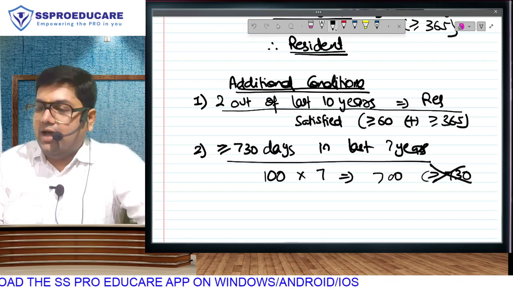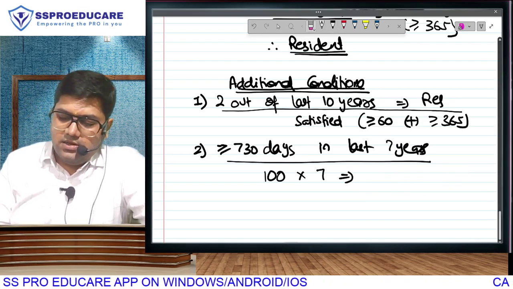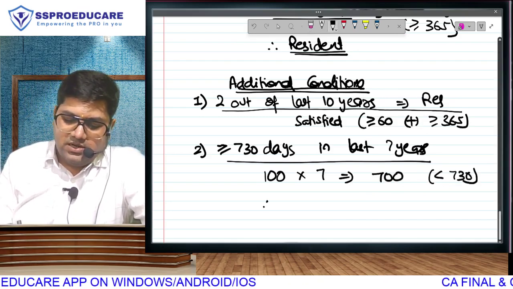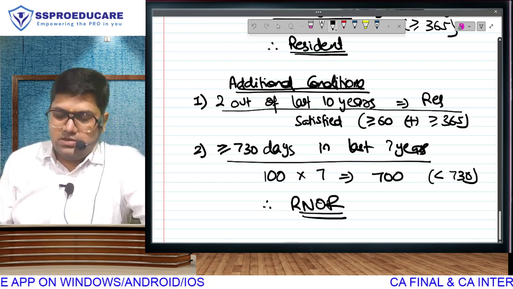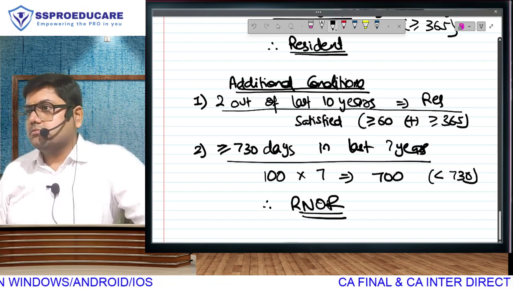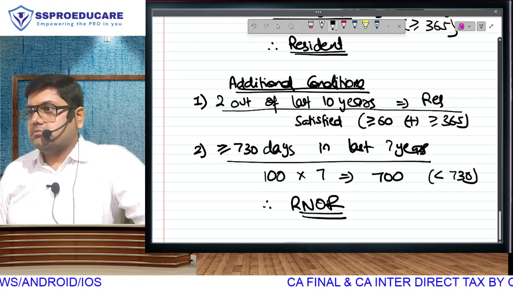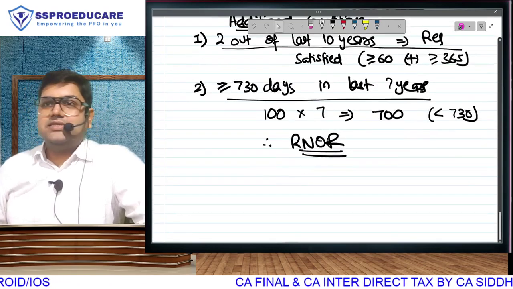That means his stay during the last 7 years is less than 730. And the final conclusion, therefore, Mr. Bradley, you are NOR. Is that clear? That was the first part of the question.